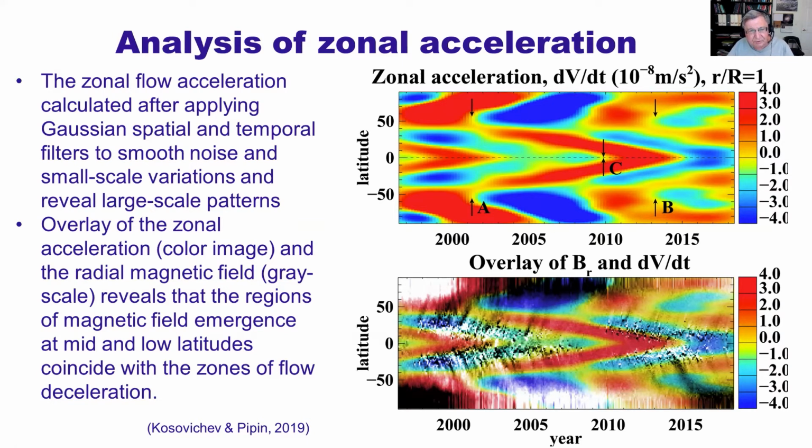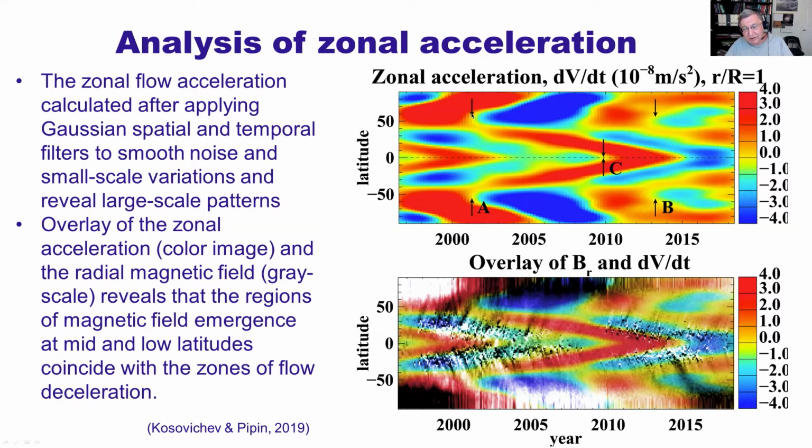There was always a question of what to subtract, how to subtract the mean differential rotation, given a short time series, and how it affects this. So here is a picture of that. Of course, when you differentiate noisy data, you have to do some smoothing, so we applied Gaussian spatial and temporal filters to differentiate these.